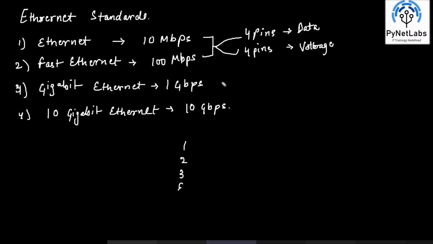And in case of Gigabit Ethernet and 10 Gigabit Ethernet, all 8 pins are used for both data transmission and voltage management. So in case of Ethernet and Fast Ethernet, 4 pins are used for data transferring and 4 for voltage management, and in Gigabit and 10 Gigabit Ethernet, all 8 pins are used for data transfer and voltage.